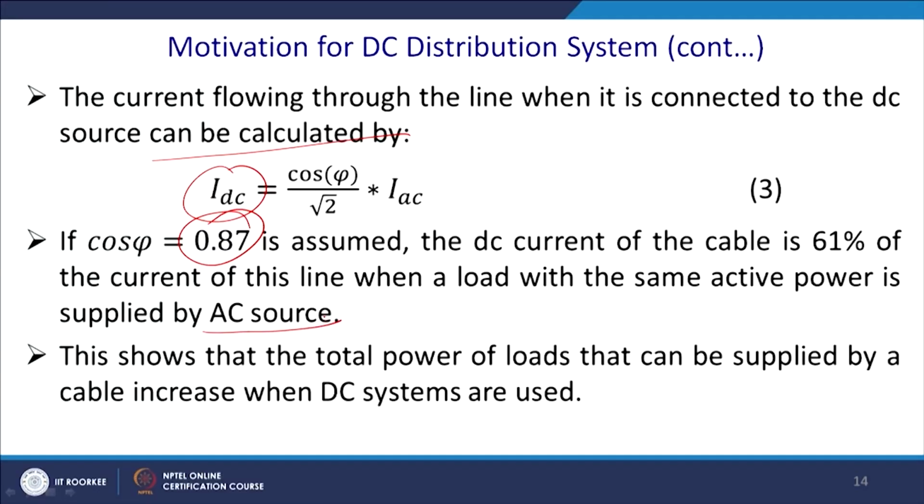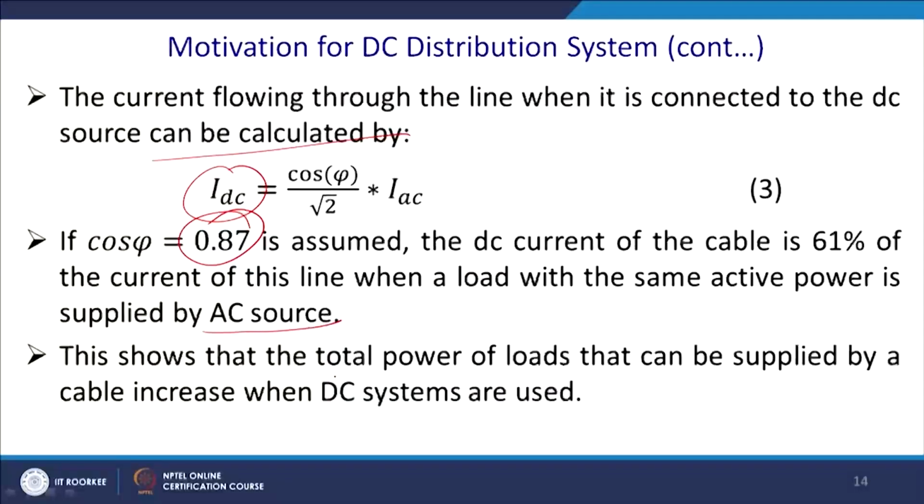So, 60% current rating is diminished, so in thermal limit you can push for higher current capability. This shows that the total power of load that can be supplied by the cable increases when DC systems are used.